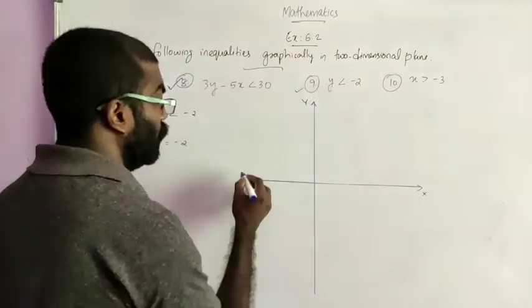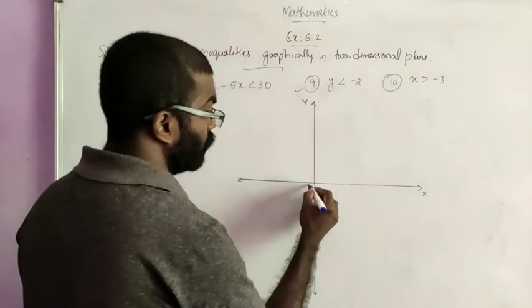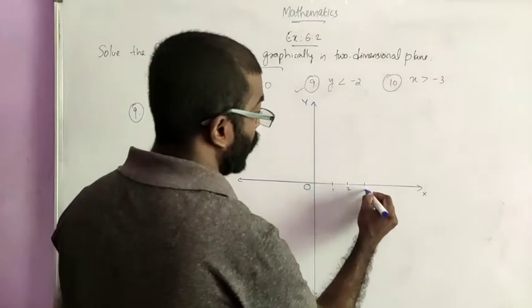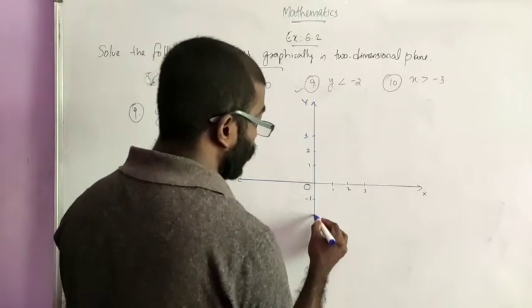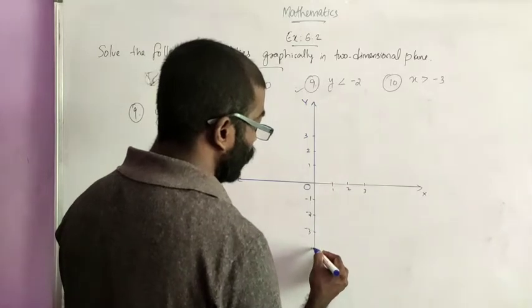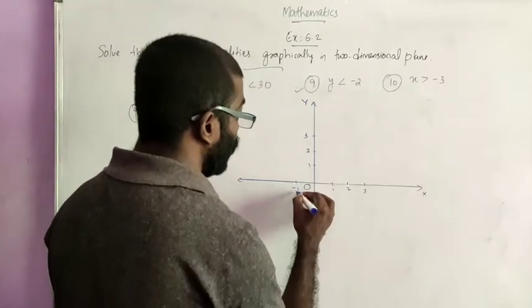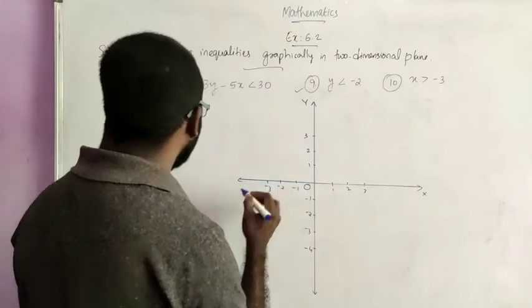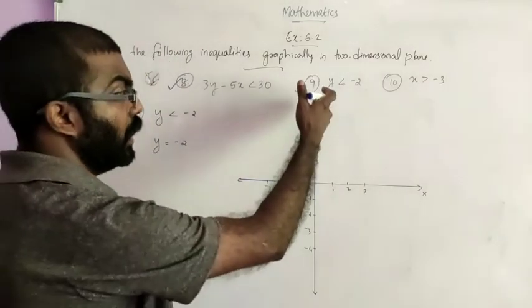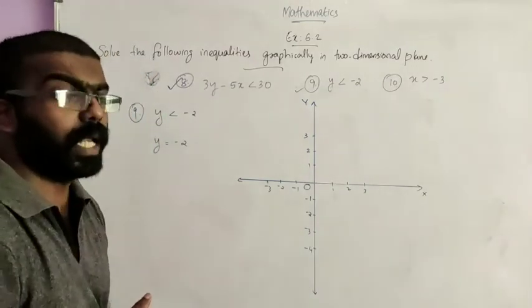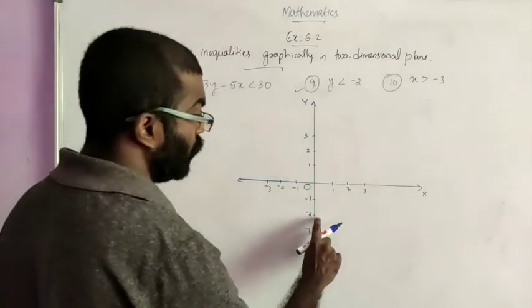X-axis, y-axis, 1, 2, 3, etc. Here also 1, 2, 3, etc. Here minus 1, minus 2, minus 3, minus 4, etc. Minus 1, minus 2, minus 3, etc. y is equal to minus 2. Here the vertical axis is called what? Y-axis, and y equal to minus 2 here.